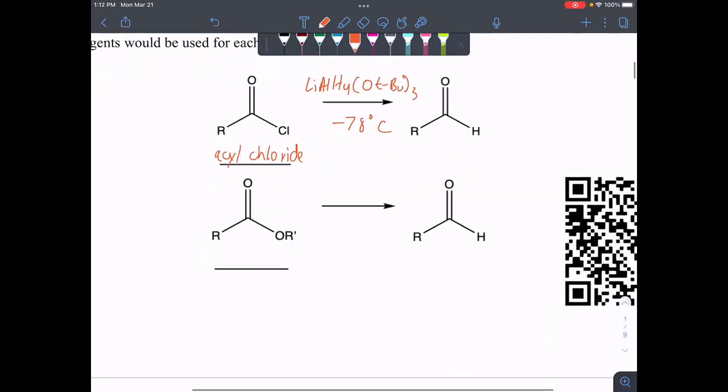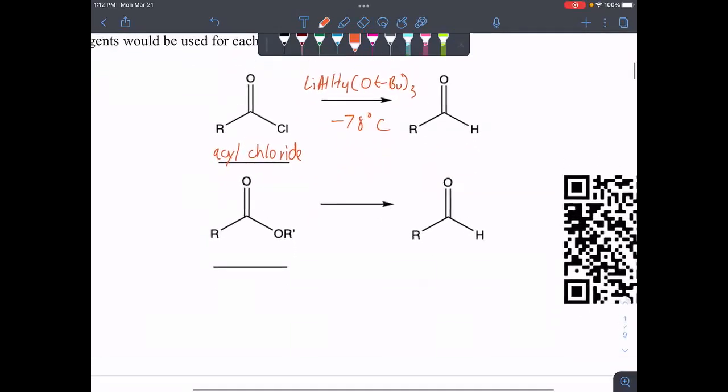Okay. And then for an ester to go back, we use something called, I don't know how to pronounce it, like DIBAL? Okay. So we use DIBAL-H, also cold. And then this is an ester.